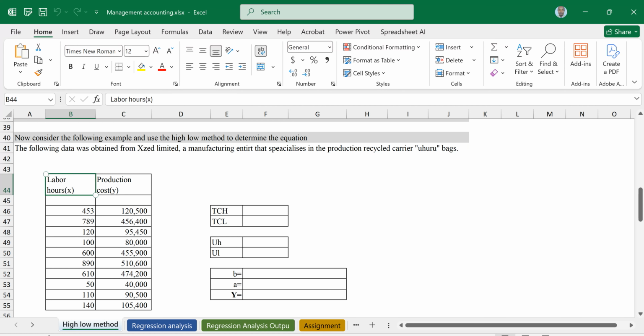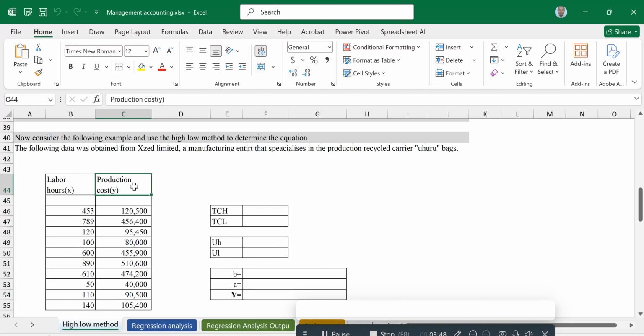We have the labor hours that have been given, then we have the production cost. The production cost is the dependent variable, and the labor hours are the independent variable.